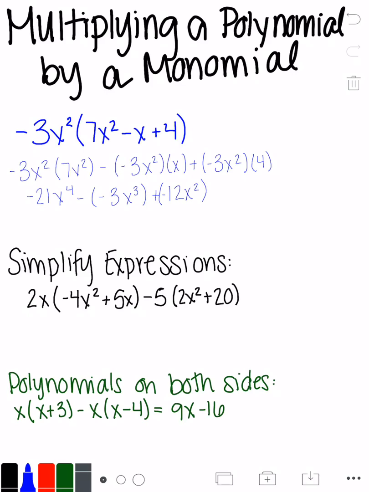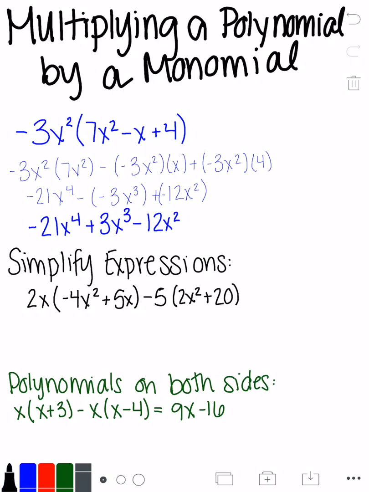So since all of these are raised to different powers, this is as simple as it gets. So our answer for this is just going to be negative 21x to the fourth plus 3x to the third minus 12x squared.